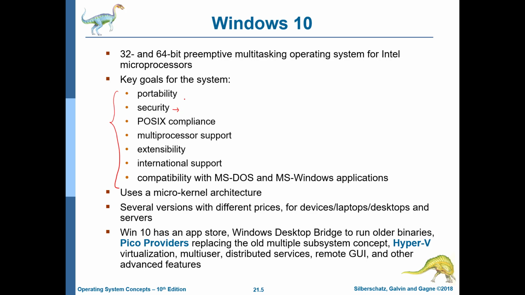It has many security extensions. It is POSIX compliant in the sense that it is compatible with many of the programming level abstractions that Unix has. It, of course, has extensive support for multiprocessors and it is extensible.